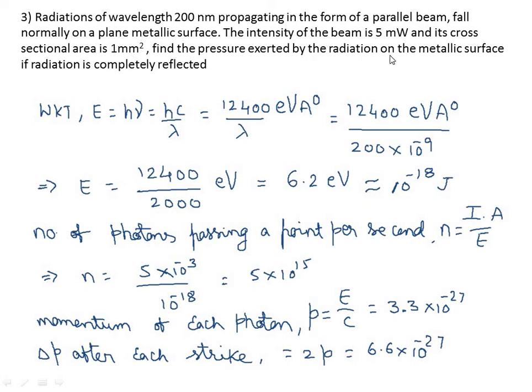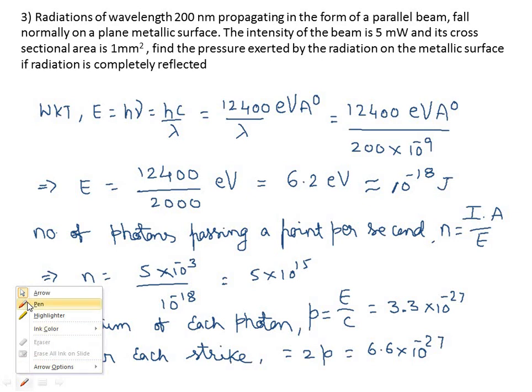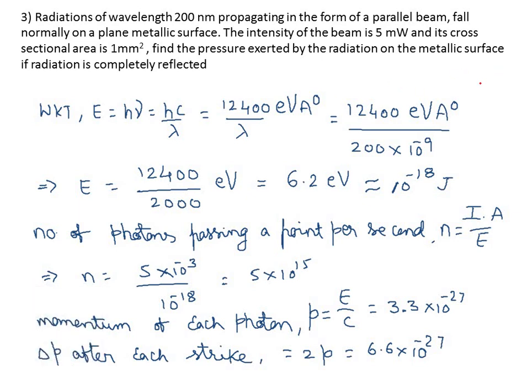Find the pressure exerted by the radiation on the metallic surface if radiation is completely reflected. So completely reflected refers to, I want to draw a reference figure for this. So there is a metal plate, radiation is falling on it, it's incident on it, and it is completely reflected back.